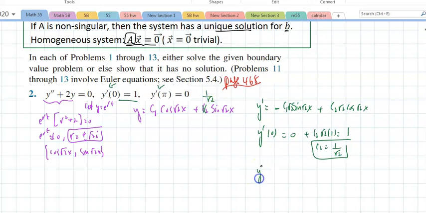And if I take y prime of pi, that would be negative, and what did we say that was? c sub 2.